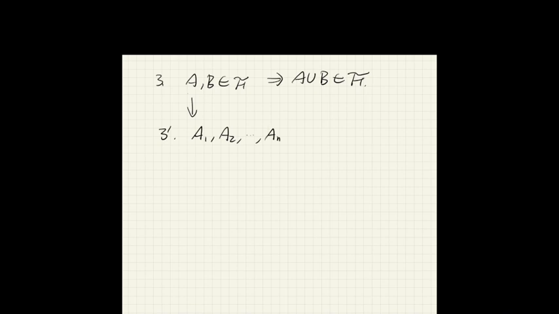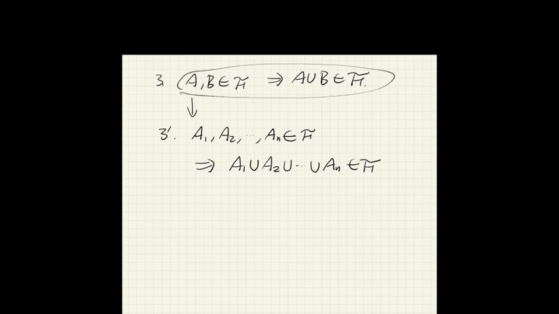If all of them are elements of F, then their union, A1 union A2 union up to AN, is an element of F. If we assume axiom 3, you can show this. It can be proved very easily, so this is an exercise.